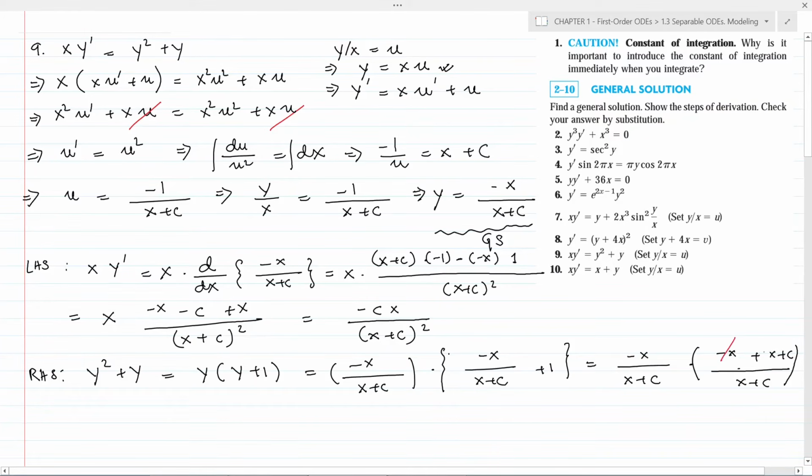Here the x terms cancel out, and this is equal to minus cx divided by x plus c whole square.